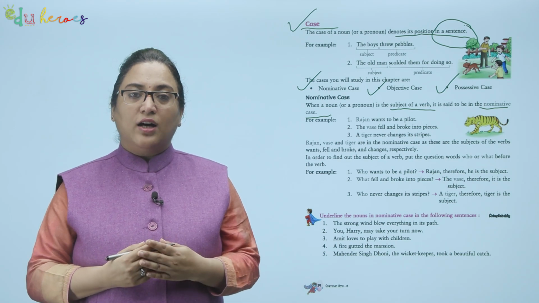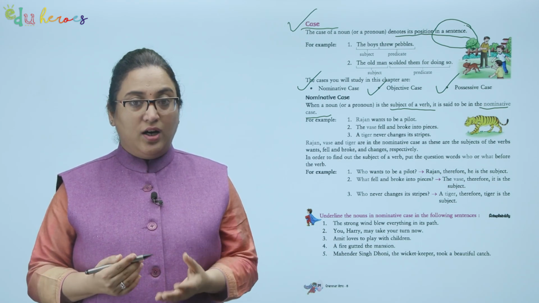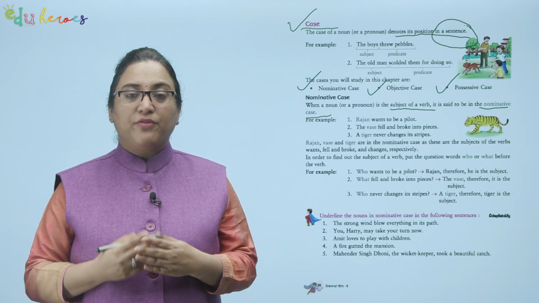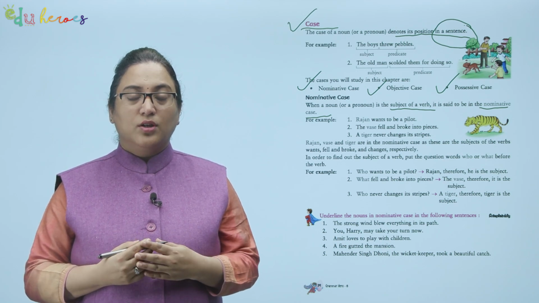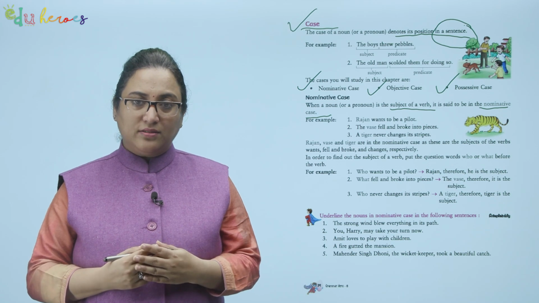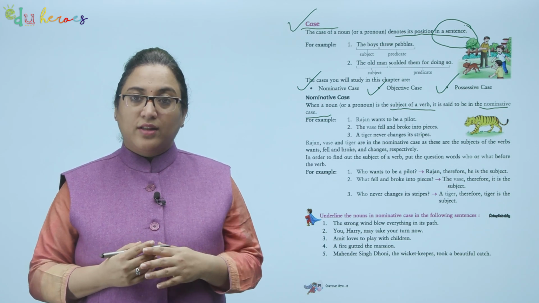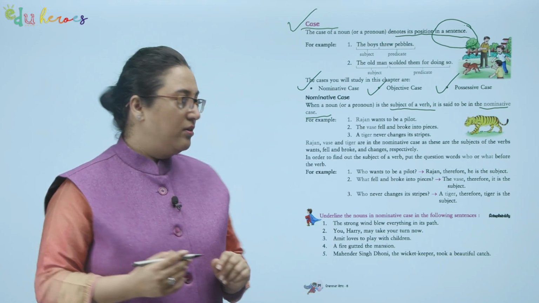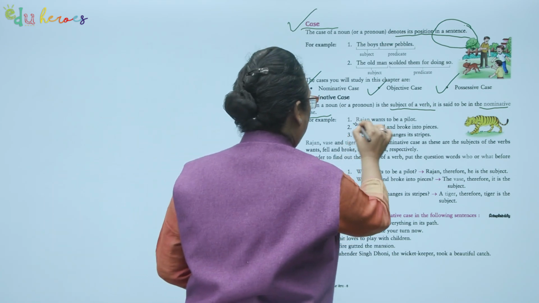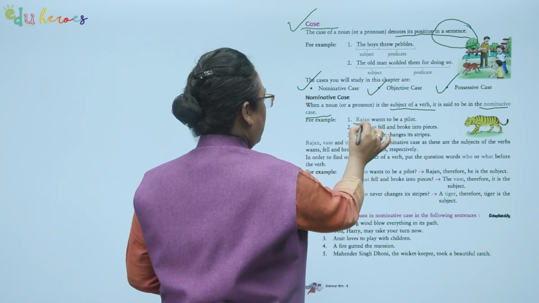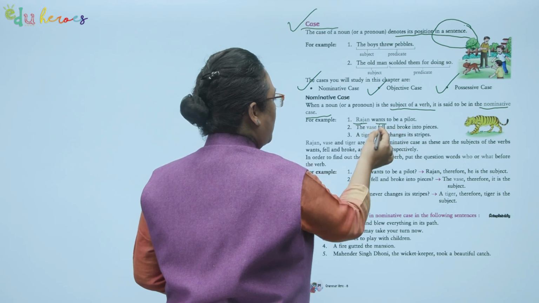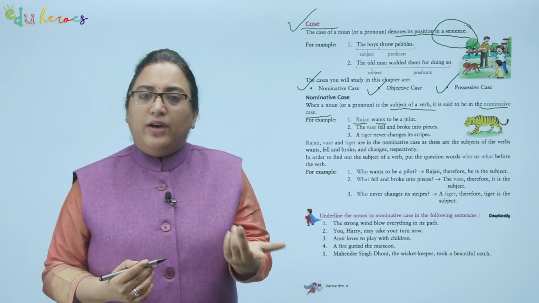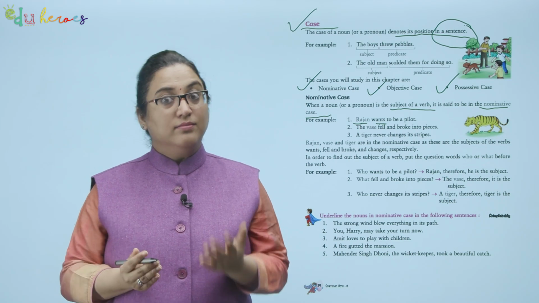In order to find out the subject of a verb, put the question words who or what before the verb. Who wants to be a pilot? Rajan. Therefore, he is the subject of the verb. Here, this is the subject and this is the verb. So you have to question. What fell and broke into pieces?